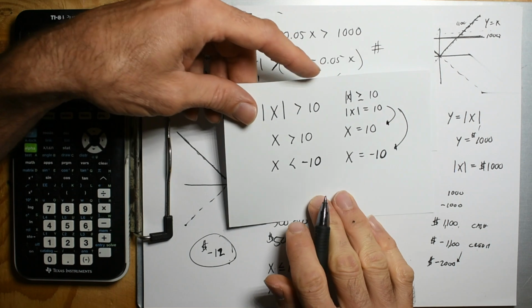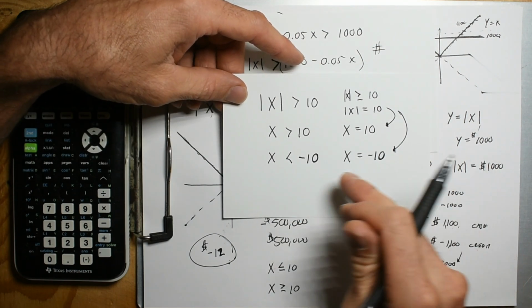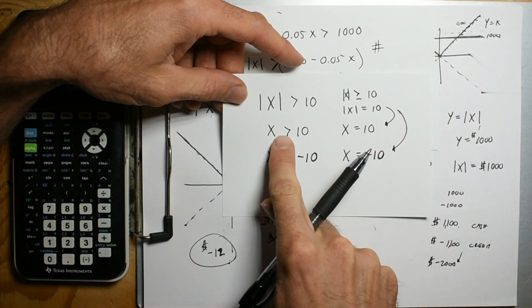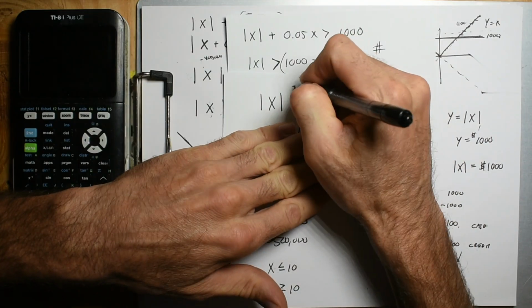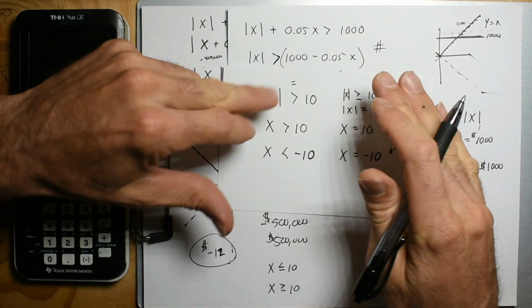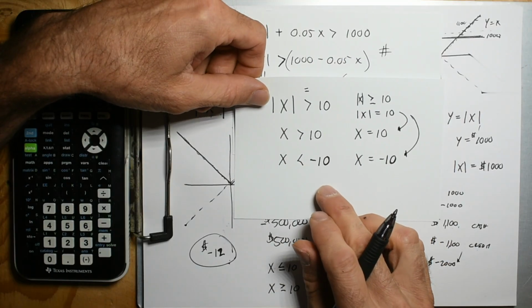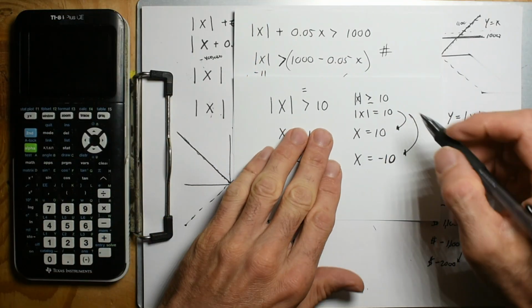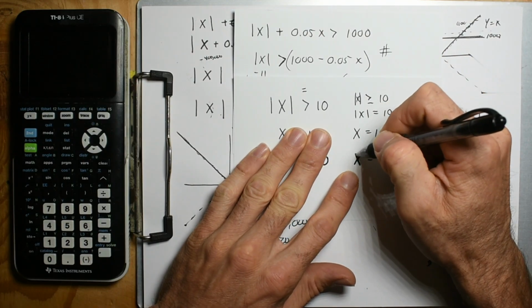So I think sometimes it is useful, even though you have this, to set up an equality just to see what you would get. Because if the equality said you would get x is equal to 10 and then x is equal to negative 10, I'm just trying to find ways.